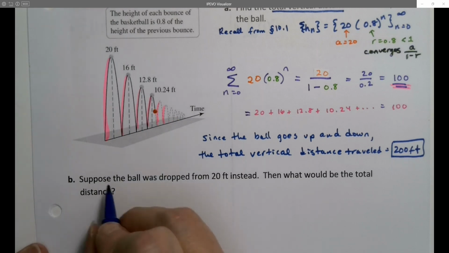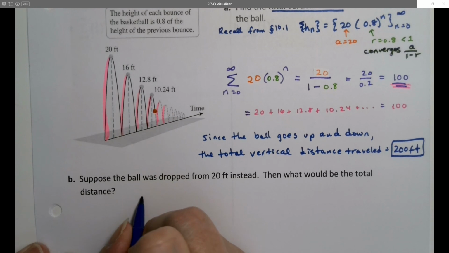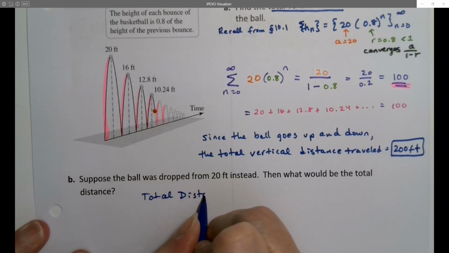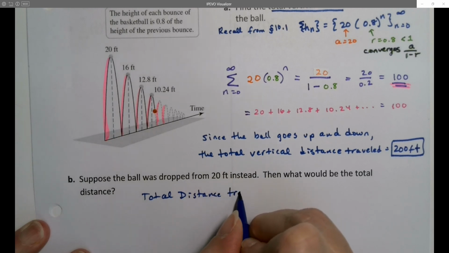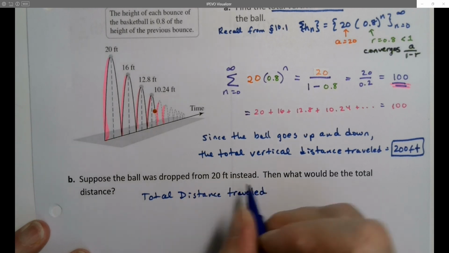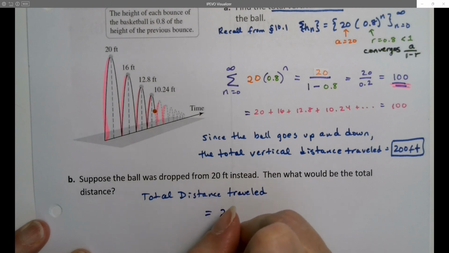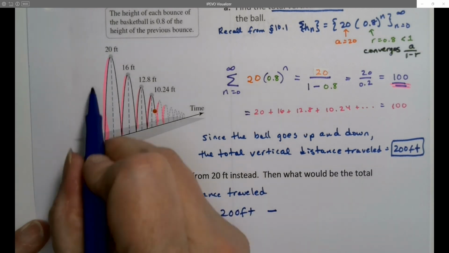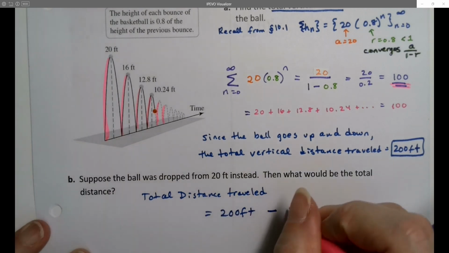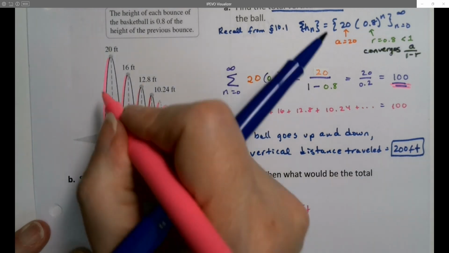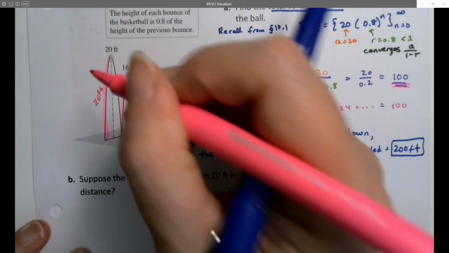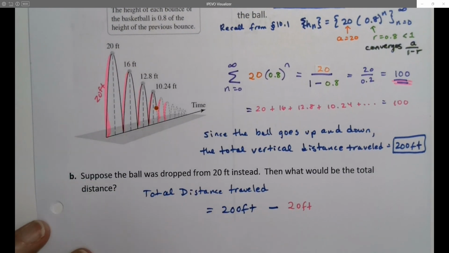Well, if that's the case, the total distance traveled would be the 200, but take away the part that we missed. Since we drop it from the initial height of 20, it would be 200 feet, take away that initial bit of 20 feet. That part right there, you take that away. So that would mean 180 feet.